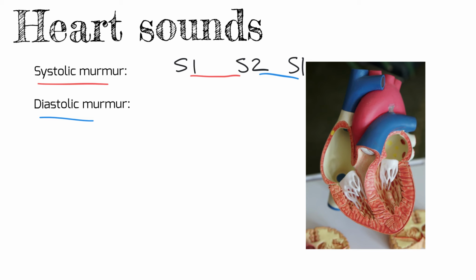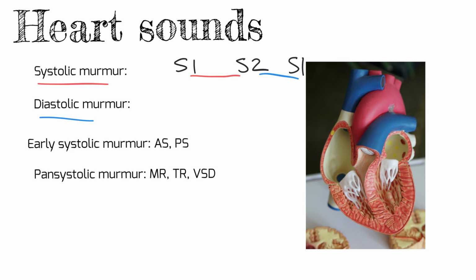Now, you get different types of systolic murmurs. You get an early systolic murmur and you get a pansystolic murmur. Early systolic is the early part of systole, or you get a pansystolic murmur, which is the entire systole.